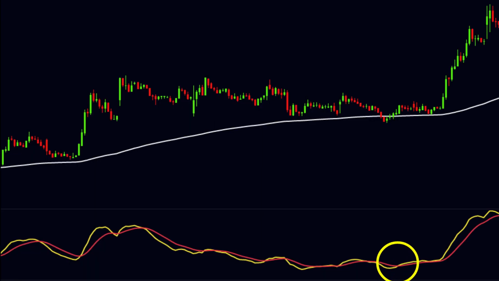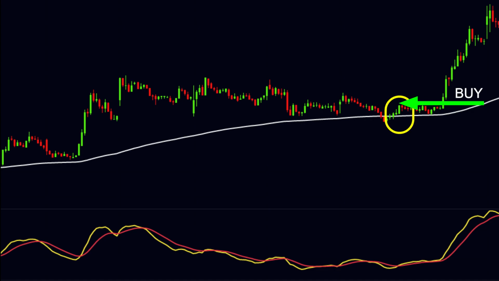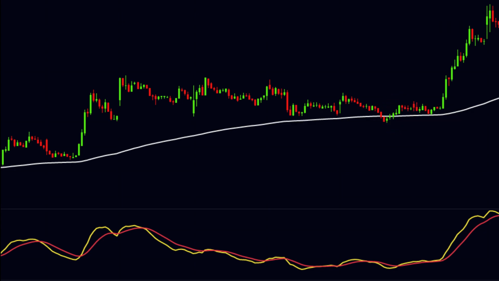Here the MACD line crosses over the signal line from downside to upside, thus this is our bullish crossover. So, we will buy over here. Our stop loss should be below the support line, and our target should follow a 2:1 risk-reward ratio. You can see after our entry, the price reversed, and it has made a good up move.